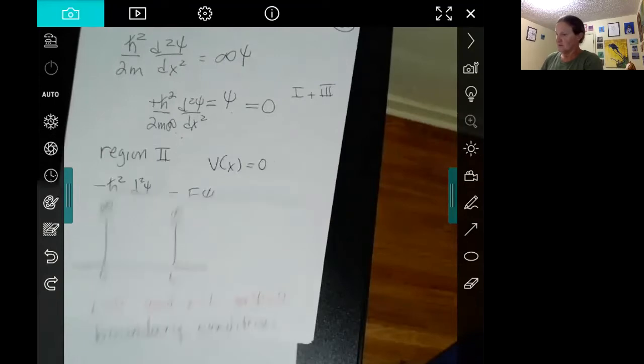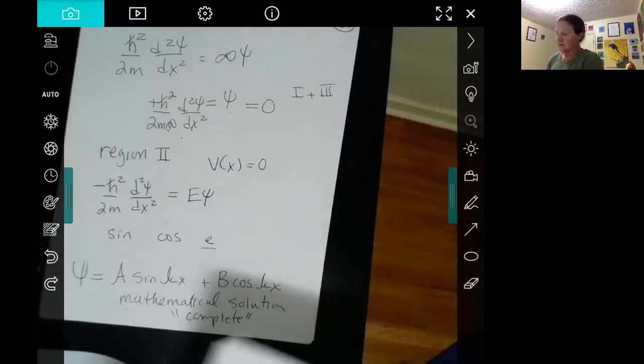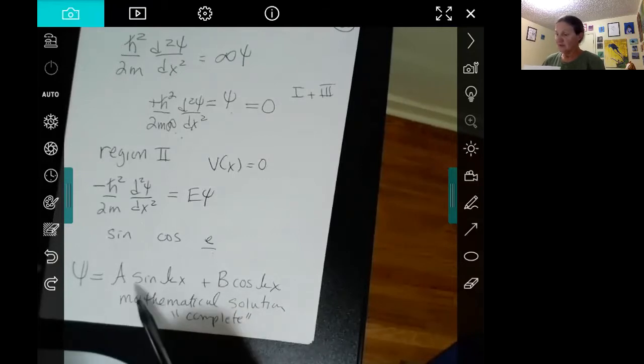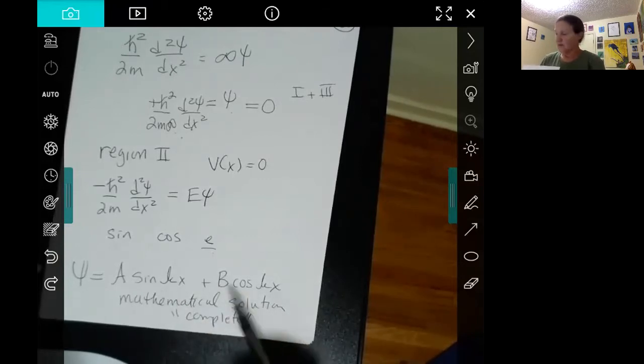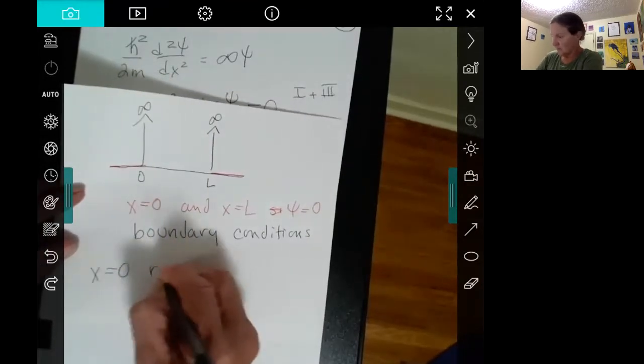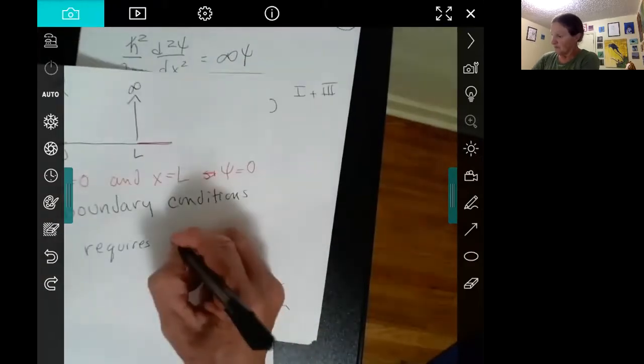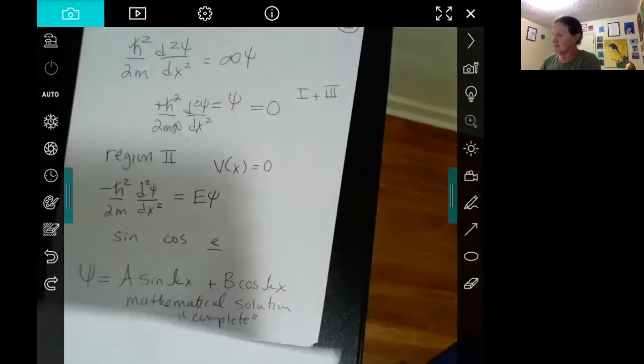So the first one is pretty easy. When we look at x equals 0, the function has to be 0. Sine of 0 is 0, but cosine of 0 is 1. So that tells us that this first boundary condition means that you can't have any contribution from cosine.